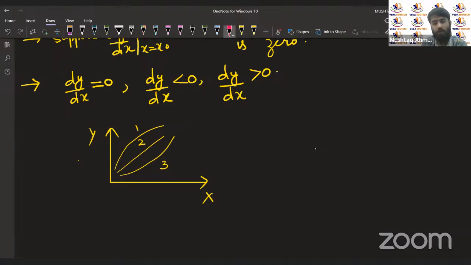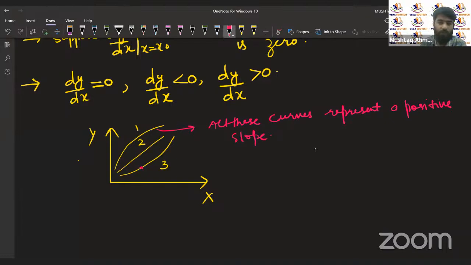If we draw a tangent at any point on all these curves, tan of theta at those points will always be positive. So all these curves represent positive slope. If we draw a tangent at this point, tan of this theta will once again be positive. And at this point on this curve, it will be positive once again. At this point on this curve, suppose the tangent makes an angle theta 3, and tan of theta 3 will again be positive, that is greater than 0. So these are the possible curves which can have a positive slope.